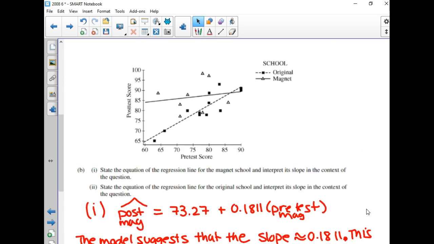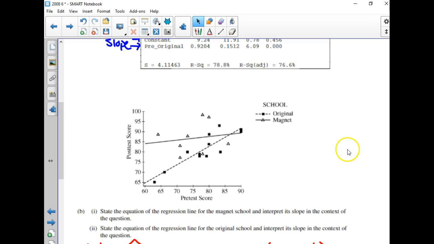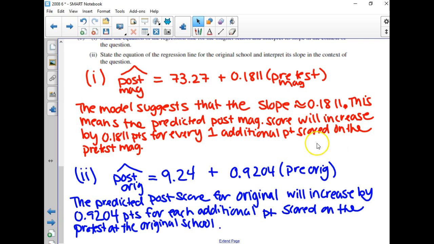If you go up here to the blue, again, our Y, our post-original score, our predicted post, okay, is equal to my Y-intercept 9.24 plus 0.9204 times the pre-original score. Okay, now what does that slope mean? It's the predicted, and if you don't have predicted, you're going to be docked a point. It's the predicted post score for the original school will increase by 0.9204 points.